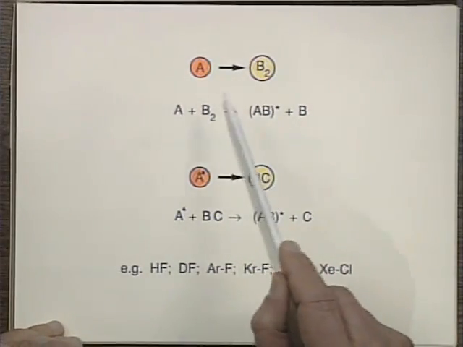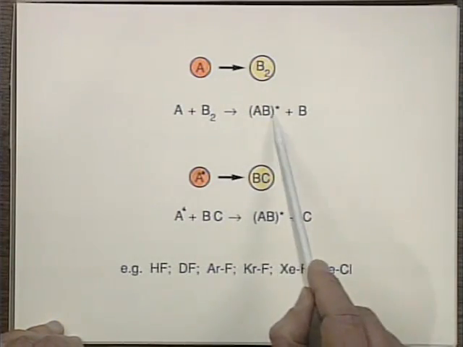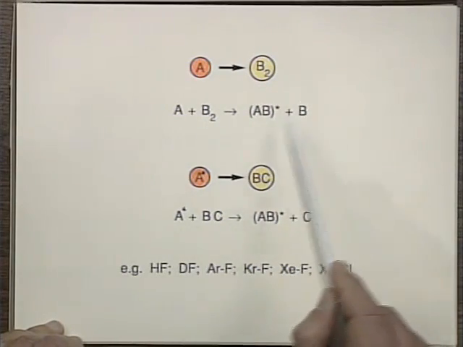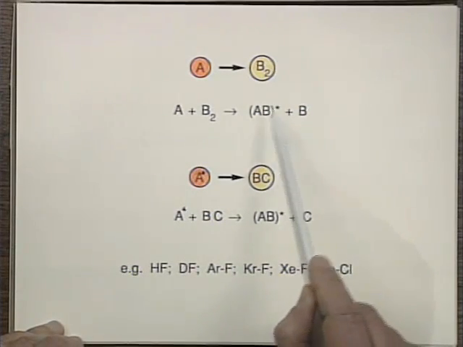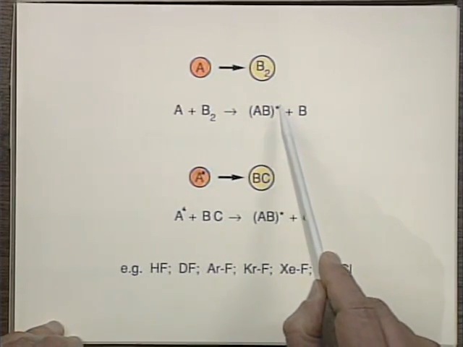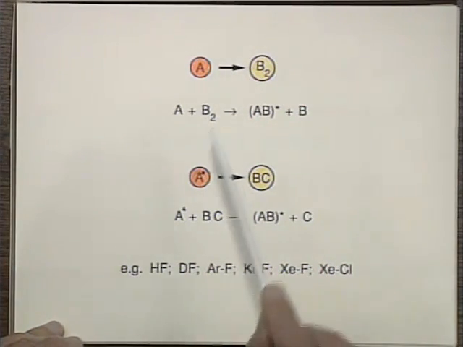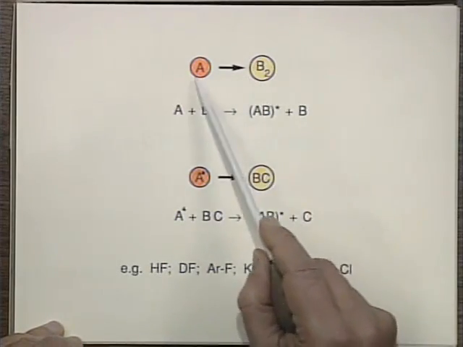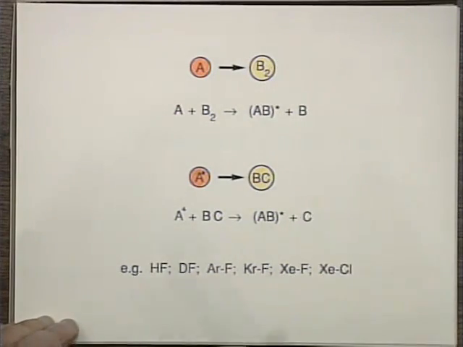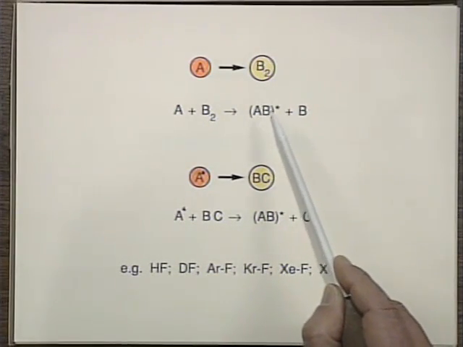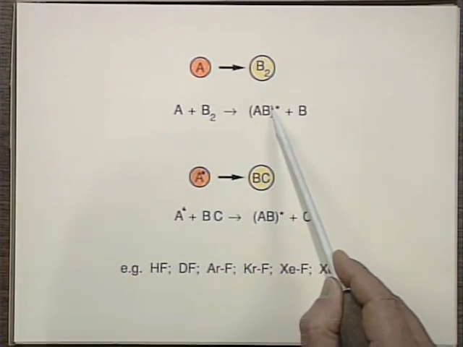When A interacts with B2, if you know your chemistry, you can sometimes generate a new molecule made up of AB, and this new molecule is born, so-called created, in the excited state or in a state where you have a population inversion. So as a result of a chemical reaction between these two molecules, you can create a new molecule with population inversion, and then the lasing will take place at the transition where there is gain.